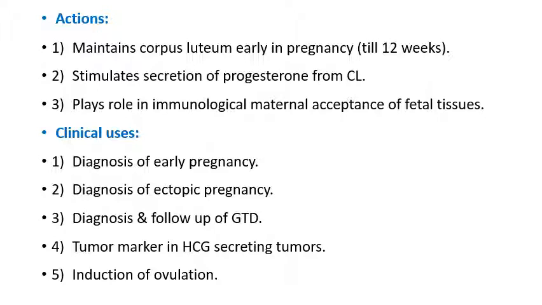It also allows diagnosis and follow-up of gestational trophoblastic disease, where there is a very, very high level of this human chorionic gonadotrophin. Also it is a tumor marker in HCG-secreting tumors. And we can use HCG in induction of ovulation in infertile women.